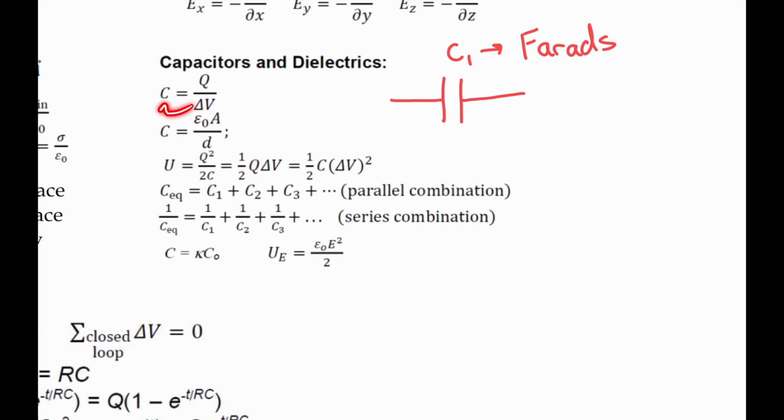So if you multiply V on this side, you get CV is equal to Q. Replace this Q into here, and you get V squared over here. So three different ways of looking at the potential energy stored in a capacitor.